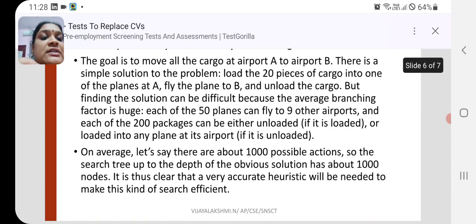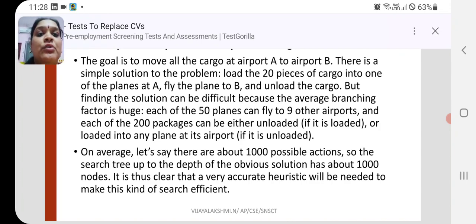So this is the problem that arises here. On average, let us say there are 1,000 possible actions. So the search tree up to the depth of the obvious solution will have around 1,000 nodes. So it is shown clearly that this forward search algorithm is not an efficient one.